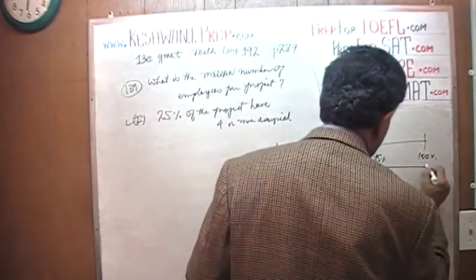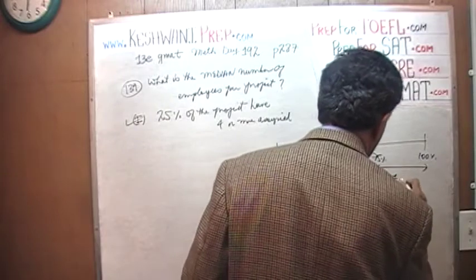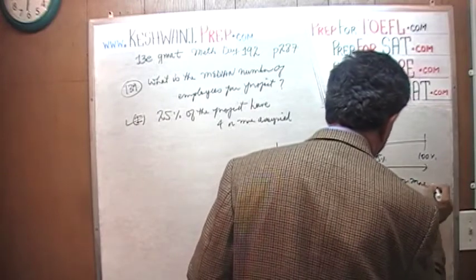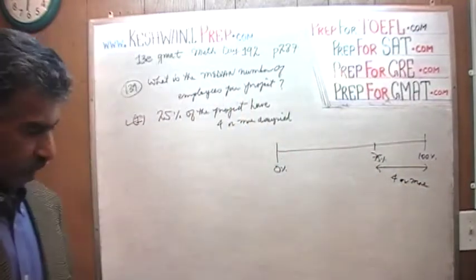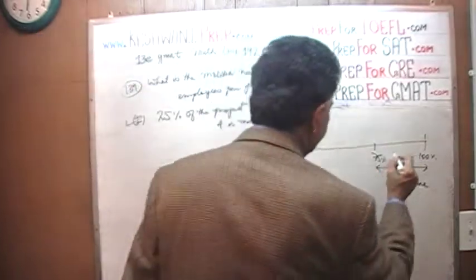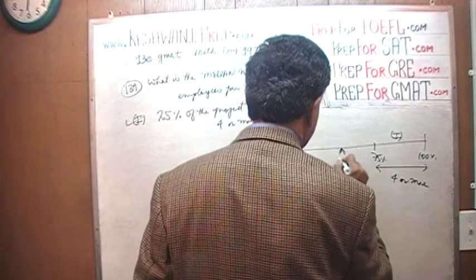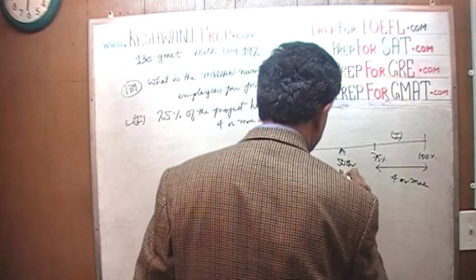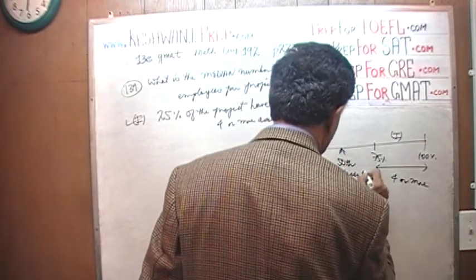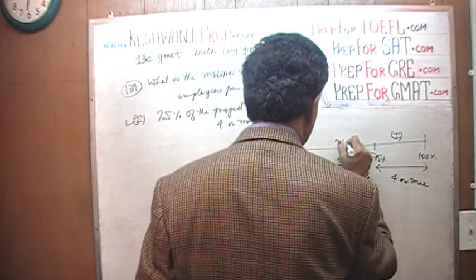In this top 25%, we have 4 or more. And that's all we know. This is our first statement. But we want to know what falls right in the middle, the 50th percentile. The 50th percentile is what we're interested in. This is our median.